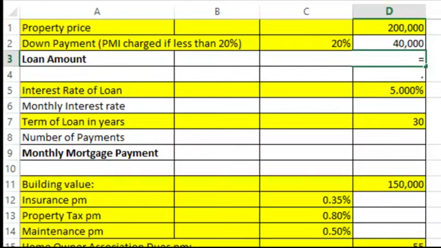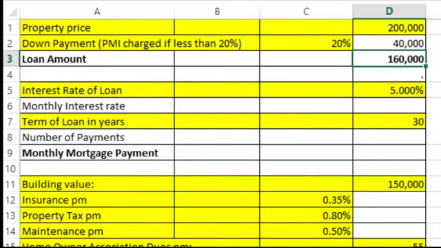I'm going to go equals D1 subtract D2. Press enter. So it's the blue cell minus the red cell. And that gives me 160,000.